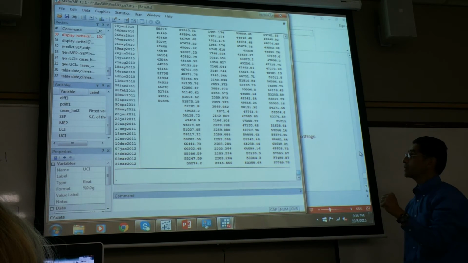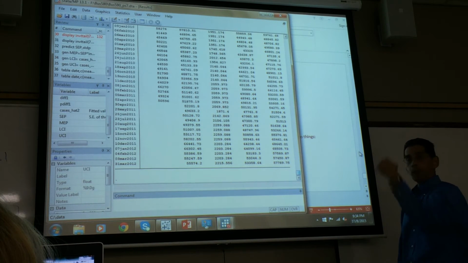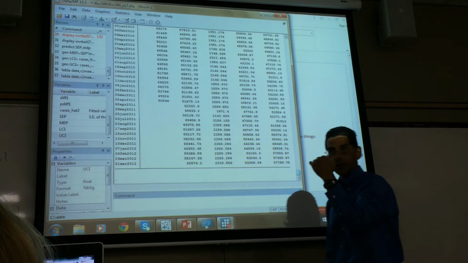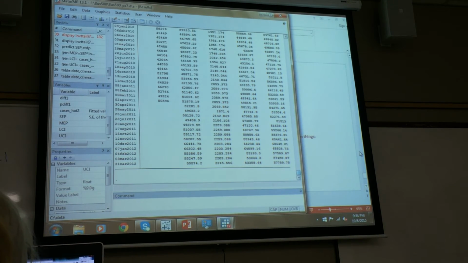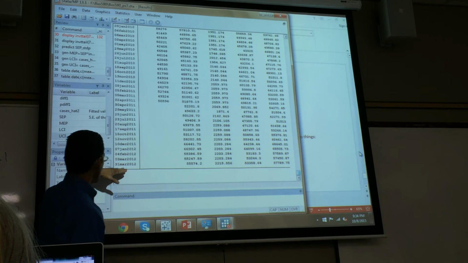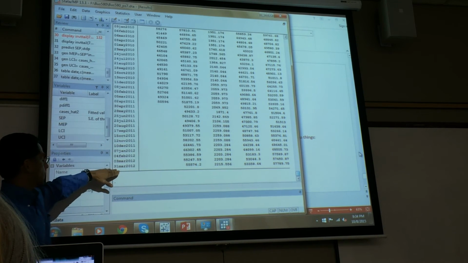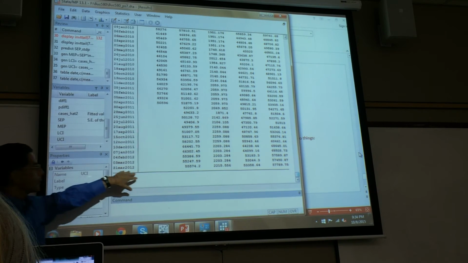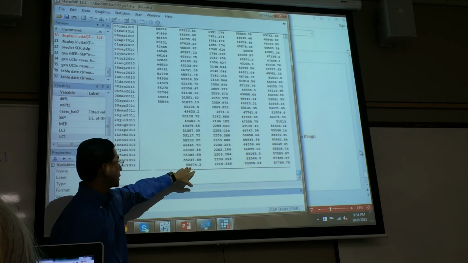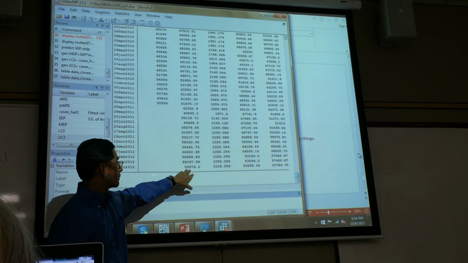Did the actual cases come within our margin of error? Yes. We can go back and look and see how well our model predicted based on our 95% confidence interval. If it looks pretty good in the past, we can say, well, all right, for the week ending March 31, 2012, we're forecasting 55,574 cases.